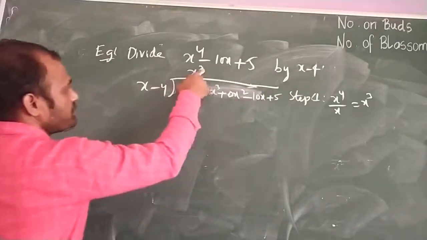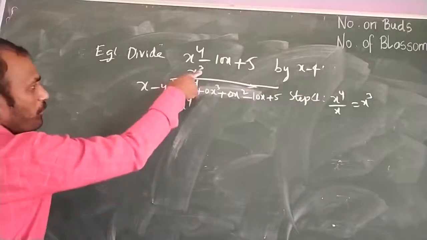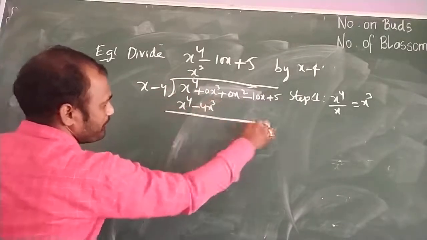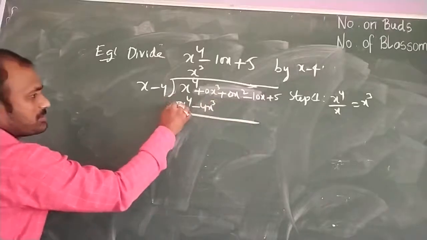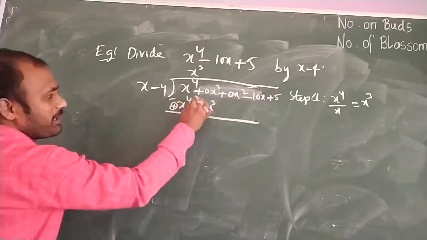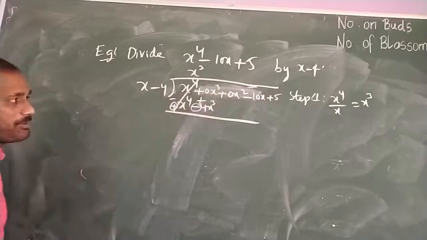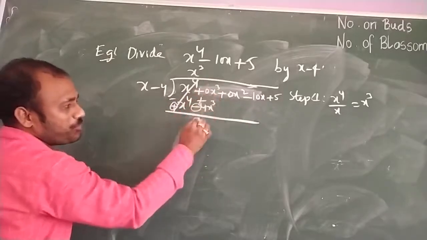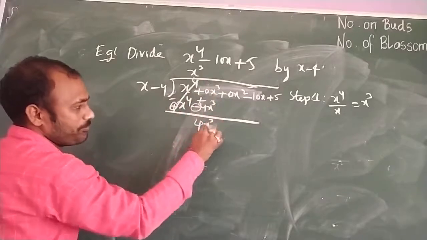Now x³ into x is x⁴, and x³ into −4 is −4x³. Change the signs: plus becomes minus, minus becomes plus. x⁴ gets cancelled, and 0 plus 4 is 4x³.